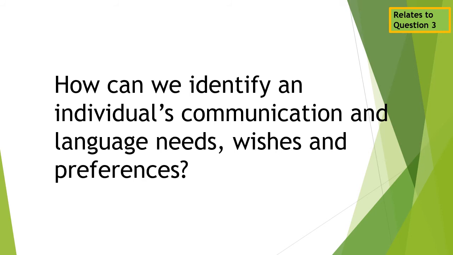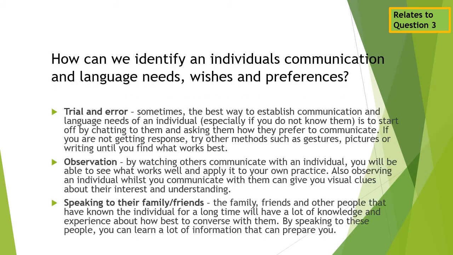So we're now going to look at a few slides relating to question number 3. How can we identify an individual's communication and language needs, wishes and preferences? Think about that for a few minutes. How are you going to identify what their individual needs are? Trial and error.